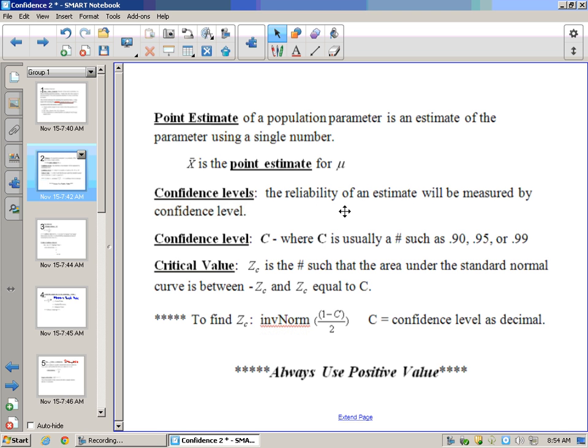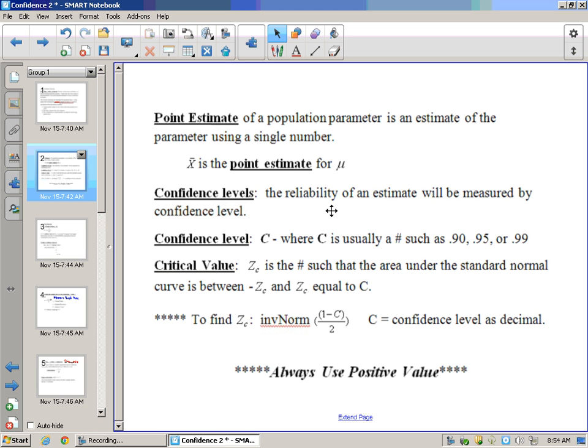Confidence level: the reliability of an estimate will be measured by the confidence level C, where C is usually a number such as 0.90, 0.95, 0.99. Critical value z sub c: I told you if you go to page 370 in your textbook, you would see a list of all of the levels of confidence and then the critical value.